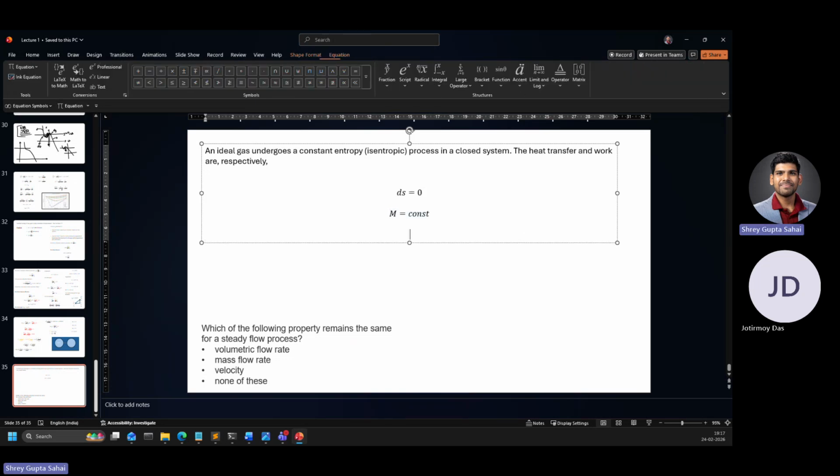What else? Ideal gas. Okay, that's okay. So the heat transfer and work are respectively. It's an isentropic process, closed system.